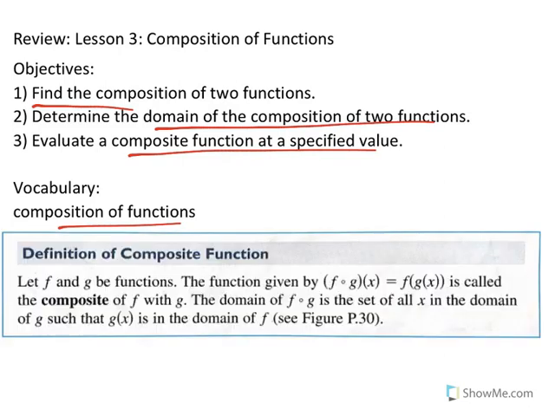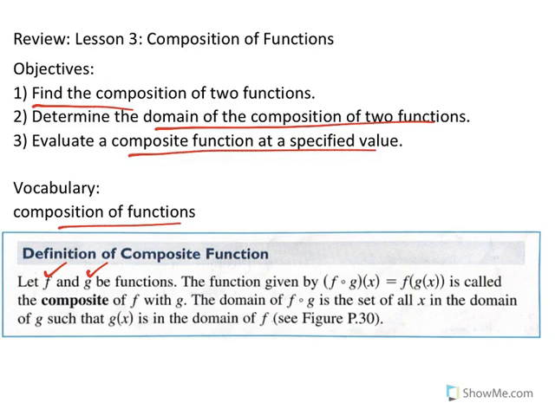So how do we define a composite function? Here's the mathematically precise definition. We have two functions, f and g, and you put them together and make them work in order, one after the other.